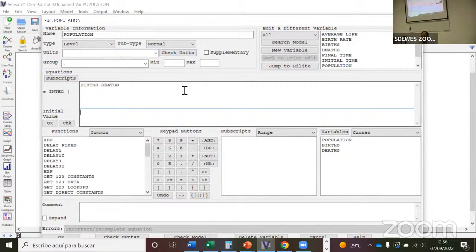When you go to this editor, you can see that the name of the variable is already there, the name population. Obviously, if you want, you can change it. It's important that we choose what kind of population we want, in units of individuals, persons.